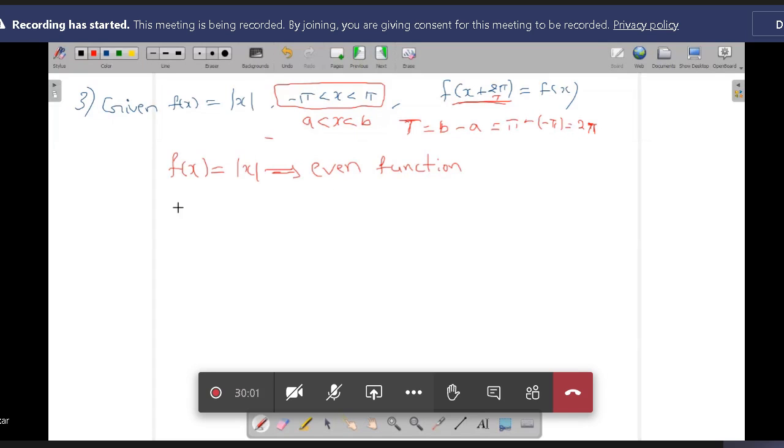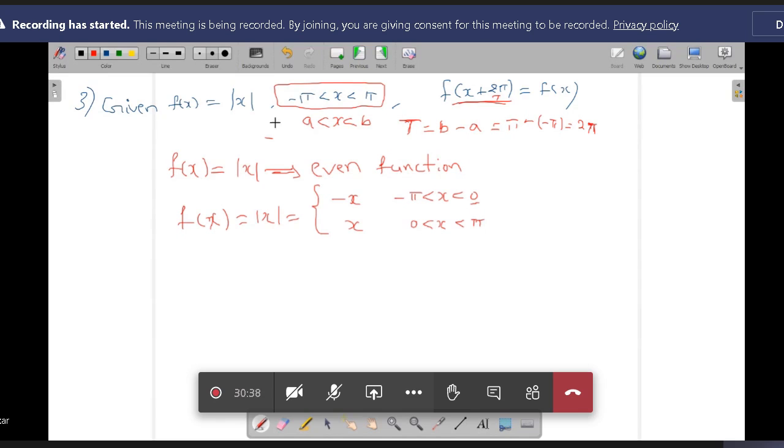And further, this f of x we can define as mod x is equal to negative x in the interval minus pi less than x less than 0, and positive x in the interval 0 less than x less than pi. So any half of the interval, if we choose a negative part, that is left side of the origin, you can use minus x, and right side of the origin is plus x. So this is the definition of mod x.